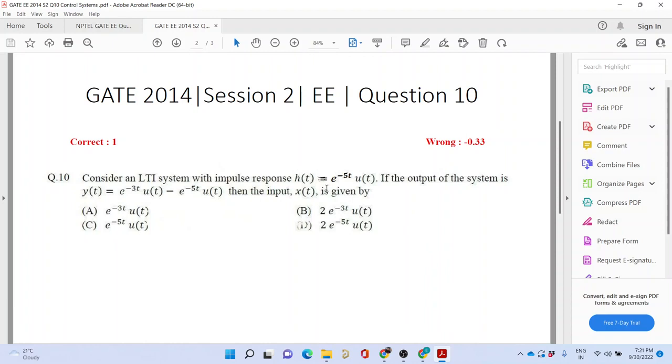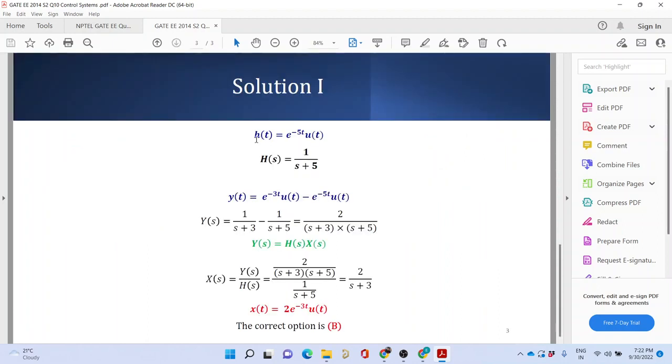So the first thing that we have to do is convert this time domain into Laplace domain, because in Laplace domain the output becomes the multiplication of the Laplace transform of the input and the Laplace transform of the impulse response. So what I have done is h(t) is given to us, that is e to the power minus 5t u(t), and I have taken a Laplace transform of this.